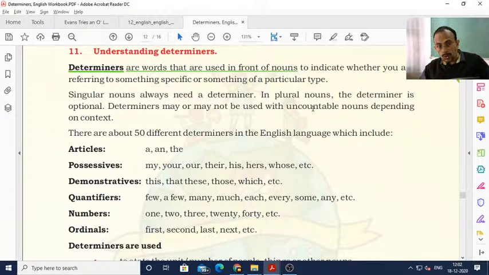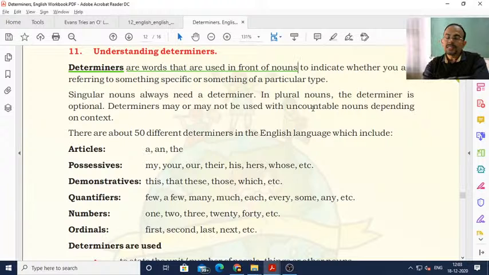Determiners are those words which show the quantity, or you can say the number of nouns. Okay, and show the relation actually. Like this is my pen, so it shows the pen belongs to me.